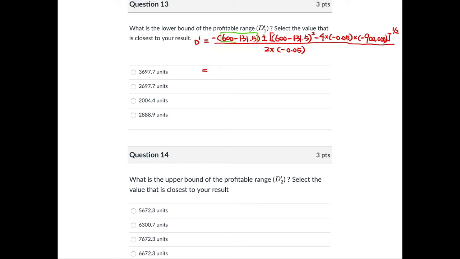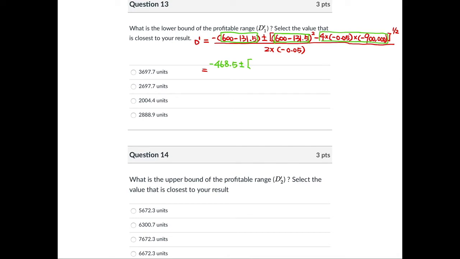So we're going to calculate this and this and this first. So 600 minus 131.5, which is 468.5.